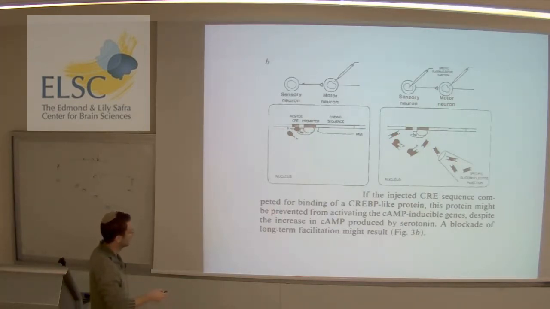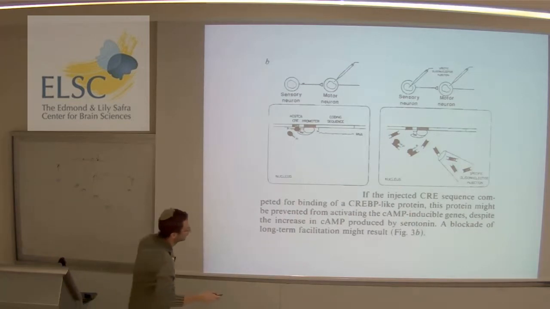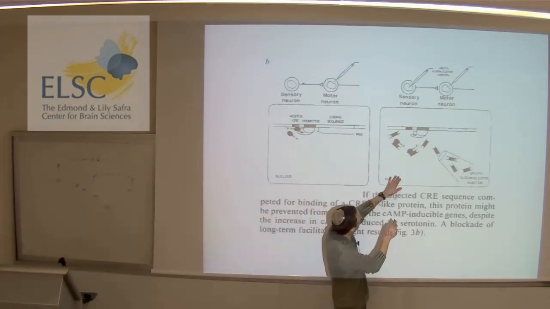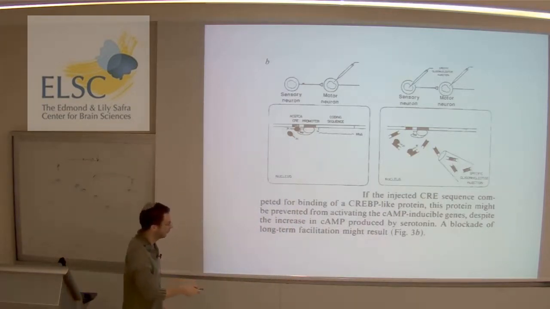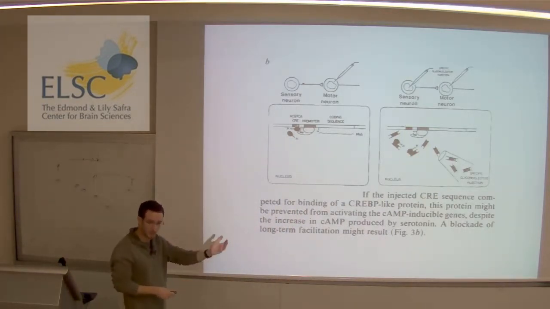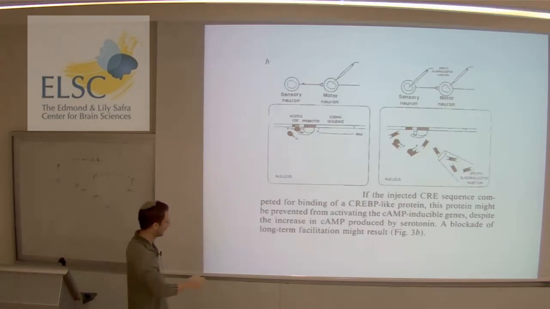This protein might be prevented from activating the cyclic AMP-inducible genes, or from binding with what it really needs to bind to, despite the increase in cyclic AMP produced by serotonin. Upon exposure to serotonin, a blockage of long-term facilitation might result. So we try to predict the outcome of this experiment due to what we think happens, and check the results.